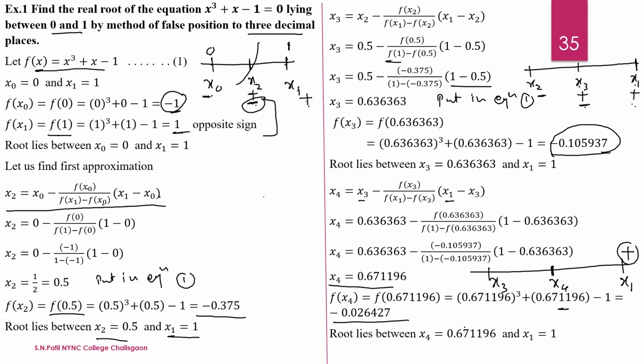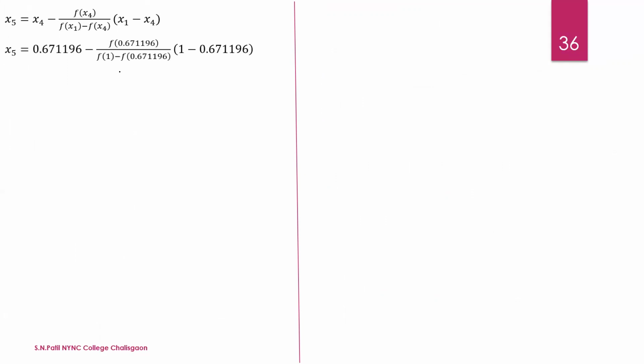Okay. Now the next formula for the next iteration, for x5. Here x5, and instead of x3, write x4. See, as it is. Now substitute the value of x4 and x1. Okay, now substitute the value of their images.